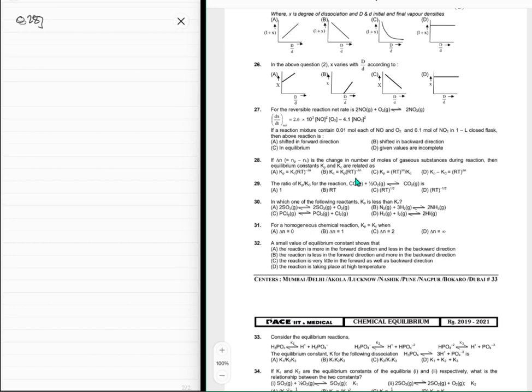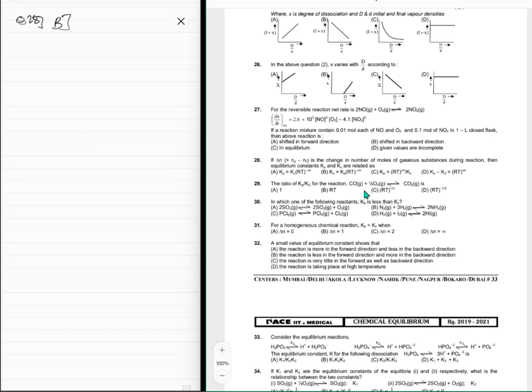So this is wrong. So A is definitely just wrong. Change in number of moles. A is wrong, B is correct. In fact, yes, B is the thing. And then C is also wrong.